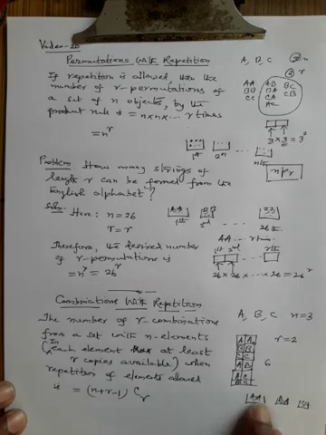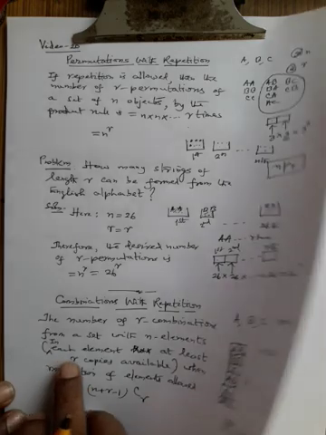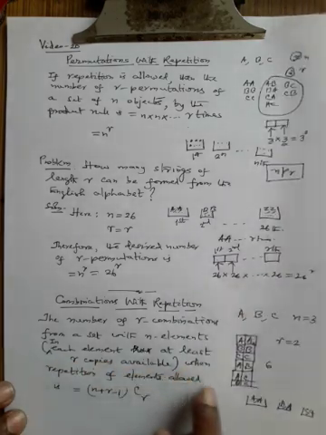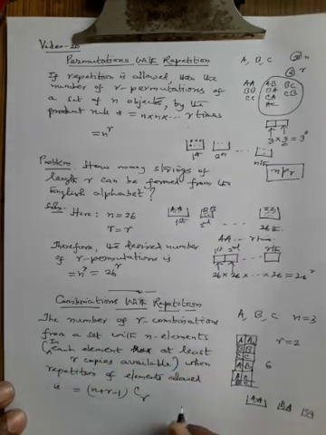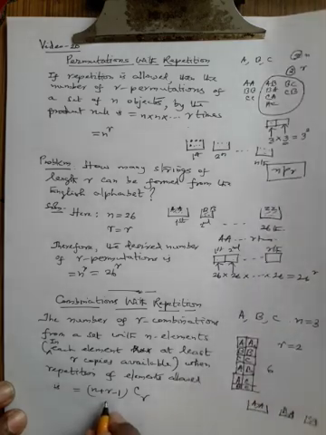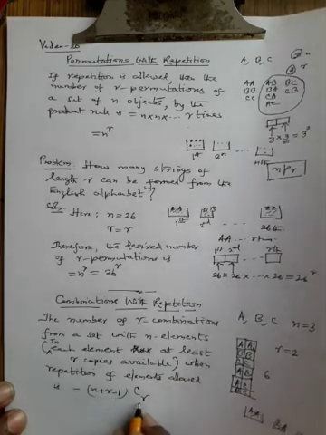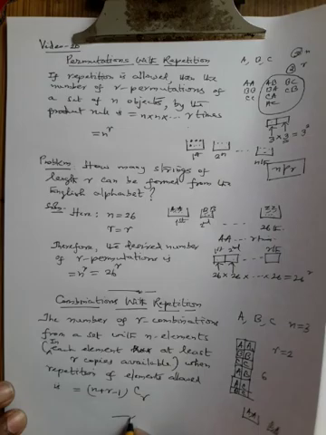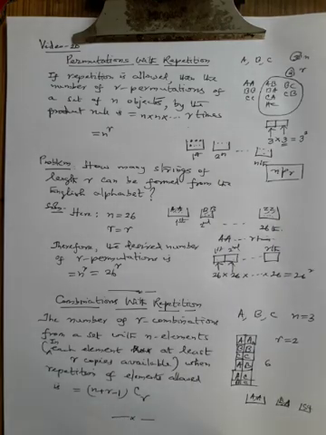In each element at least r copies are available when repetition of elements is allowed. Anyway, we will explain how that n plus r minus 1 C r comes about in the next video. We will complete video 20 here.